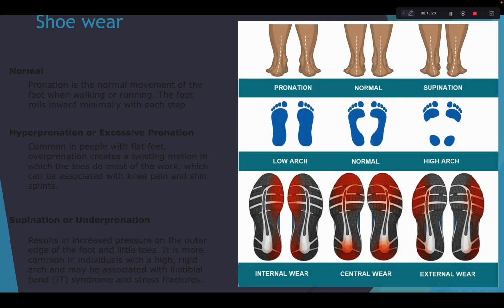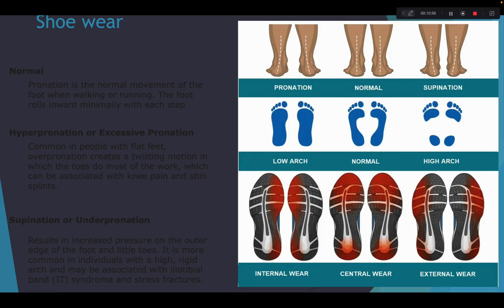Pronating, you're putting more weight on the inside of the foot here. You'll notice that since there's more weight on the inside, you're not having this little arch gap anymore. So you got a full print of the foot, basically. You'll also notice if you look at the shoe wear, most of the weight, again, is on the inside part of your foot.